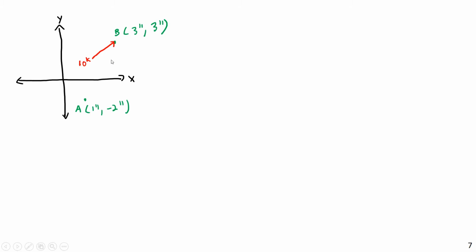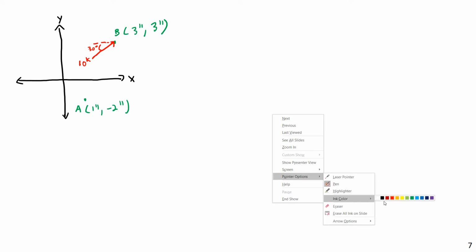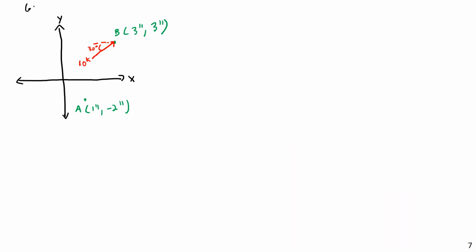And so I then want to find, let's actually go ahead and do this with angles. Let's say this is 30 degrees. So this is given. And we want to find the moment generated by this force about point A.